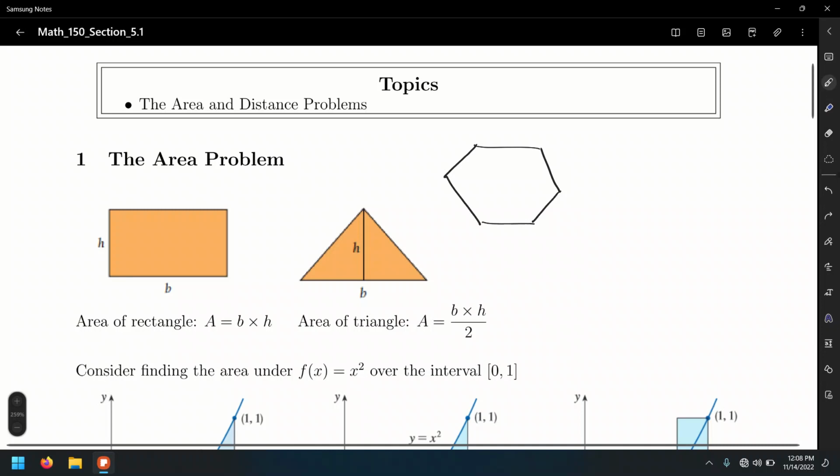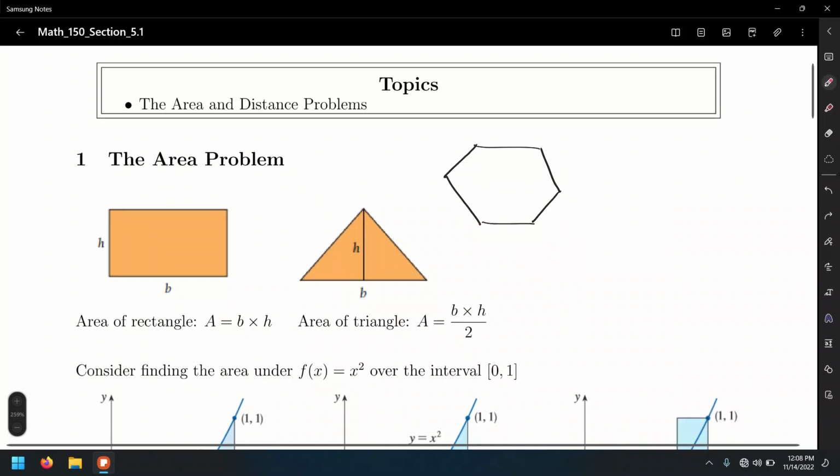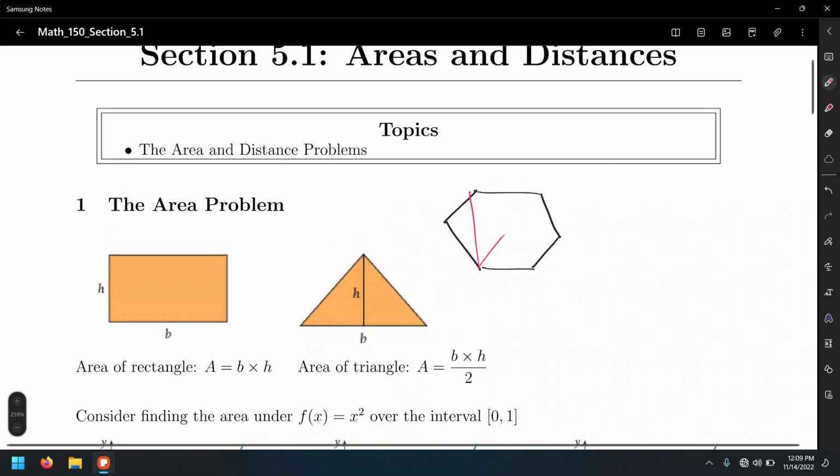So in this case, we are going to simplify the area of this hexagon by partitioning it into areas of triangles. See what I'm doing here?